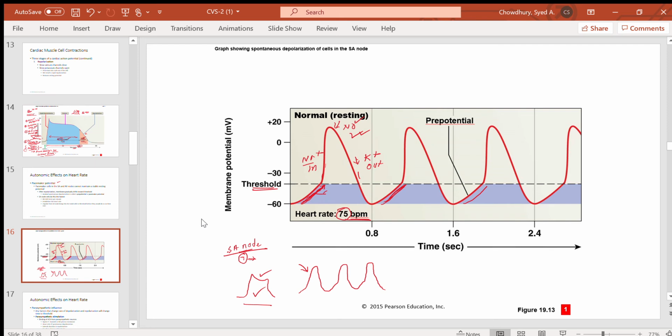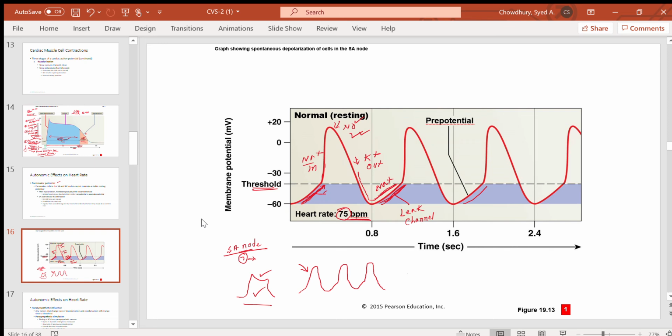And then when the depolarization starts, sodium again starts to get in, but here there are some leak channels. Leak channels stay open during this time.